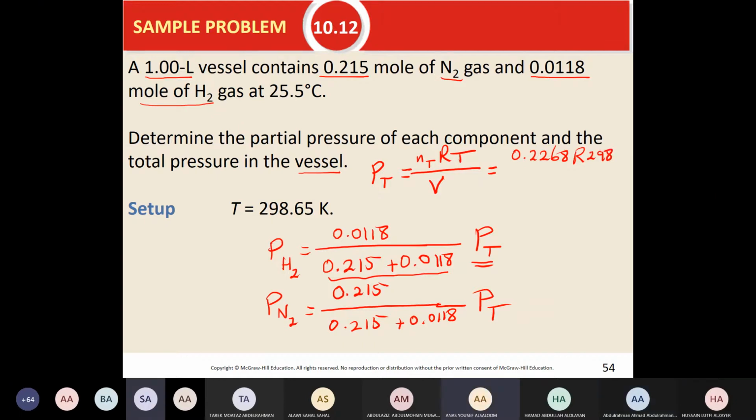298.65? Yes, 298.65. Okay, and what's the volume? 1 liter. Give me an answer now. Of course, R is what? Well, everybody knows R, right?